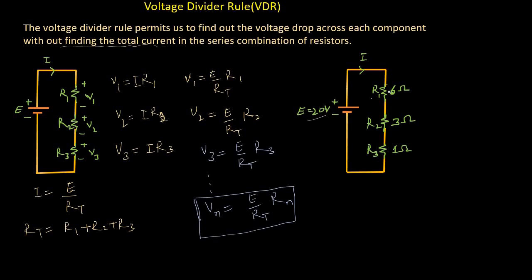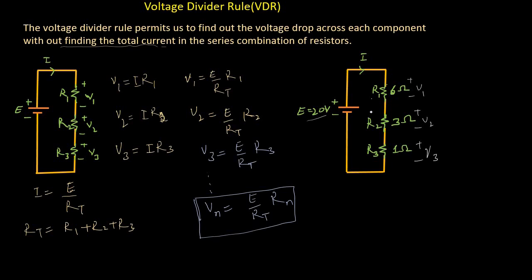If we are asked to find the voltage drop across R1, R2 and R3 using the voltage divider rule, we can easily do so with this formula. Let's say the voltage drops across R1, R2 and R3 are V1, V2 and V3.